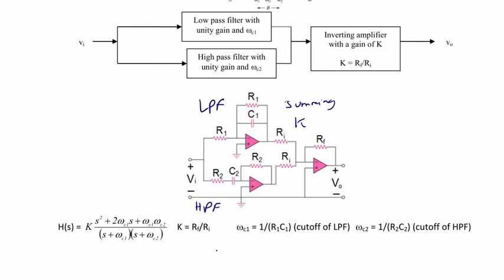So once again, the resonant frequency, omega naught, is equal to the square root of omega C1 times omega C2, and the bandwidth beta is equal to omega C1 plus omega C2.